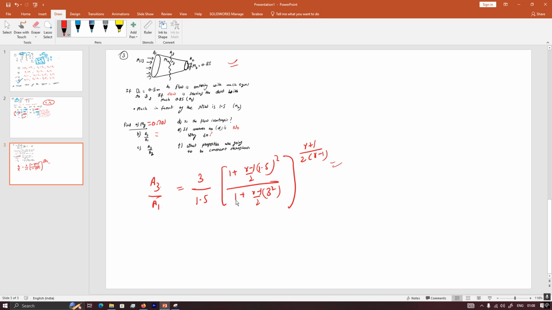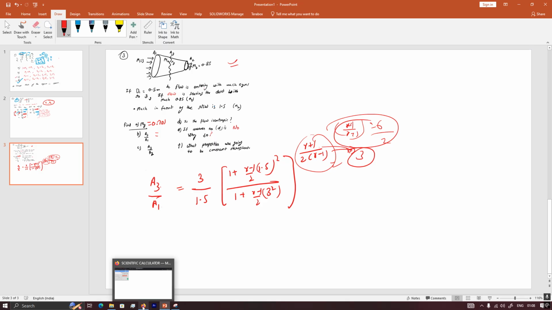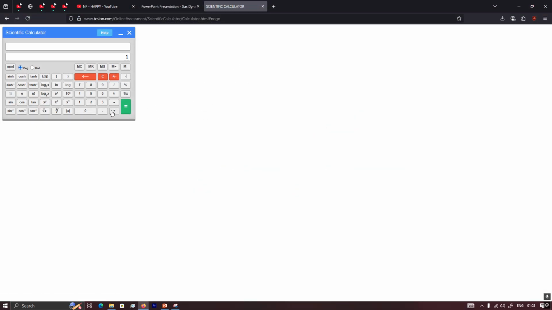This (gamma plus 1)/(gamma minus 1) was our 6, and it is being divided by 2, so this value will come out to be 3. I'll just use the cube. You can calculate it by yourself. I'm just using everything for air: 1 plus 0.2 times 1.5 squared divided by 1 plus 0.2 times 3 squared.